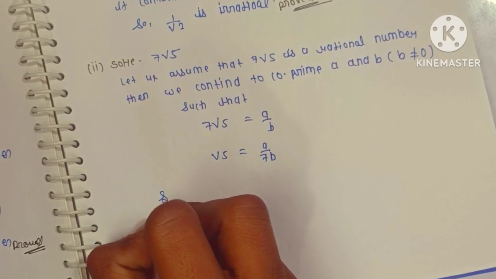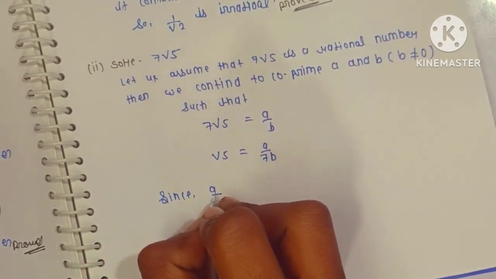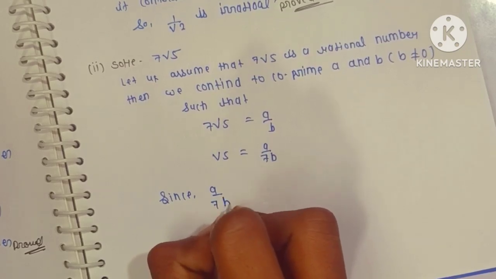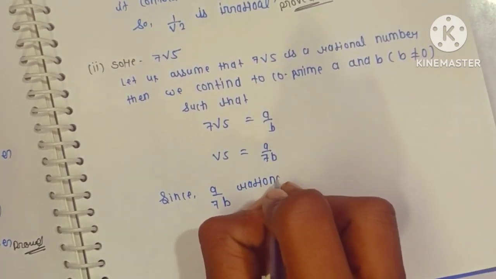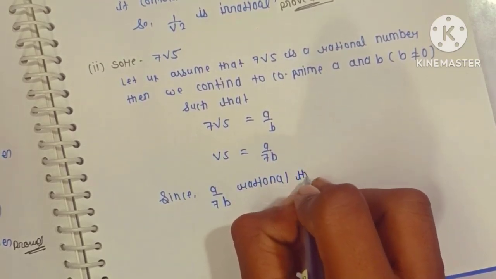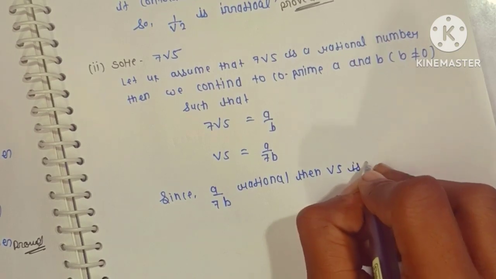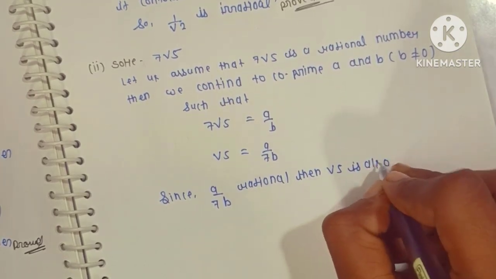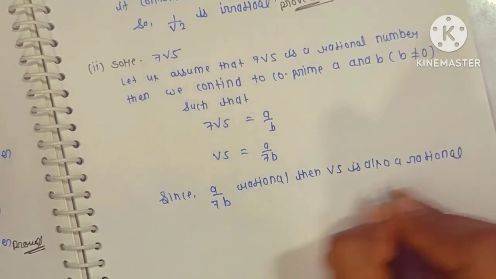Since a upon 7b is a rational number, then root 5 is also a rational number.